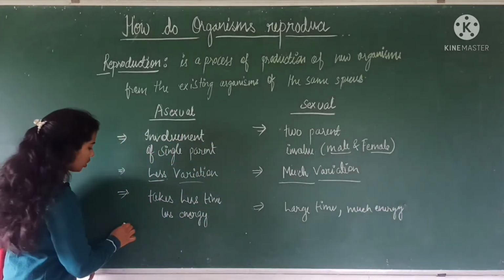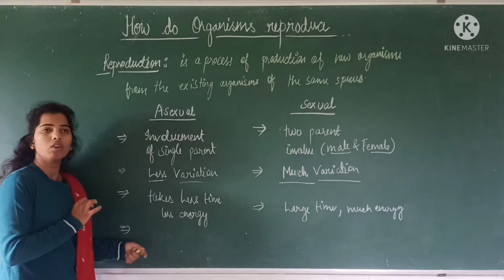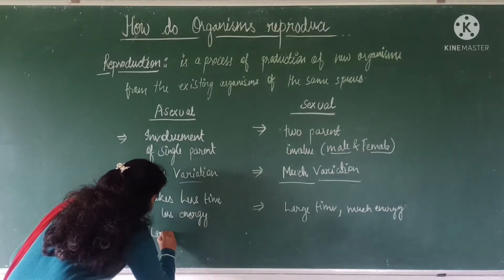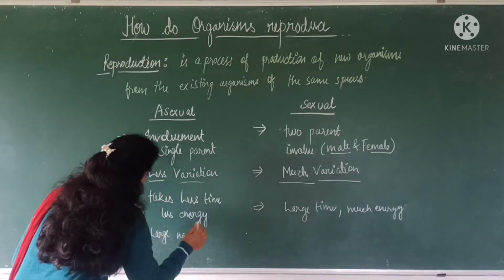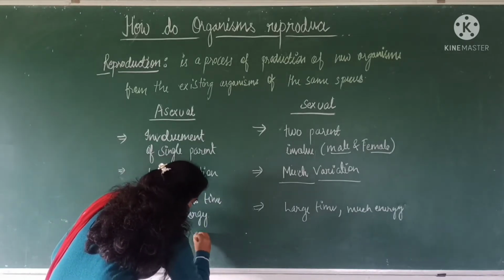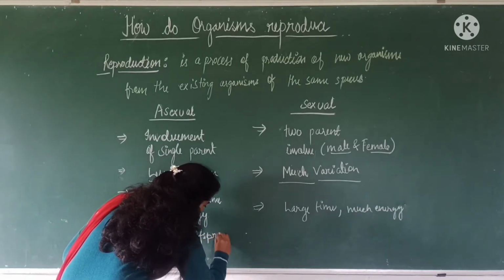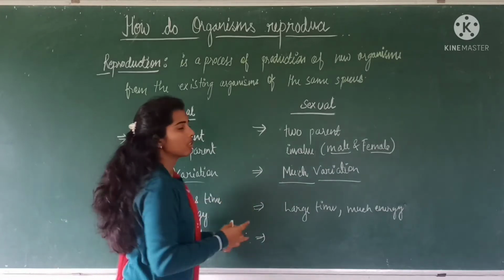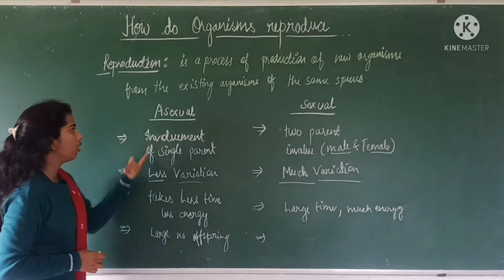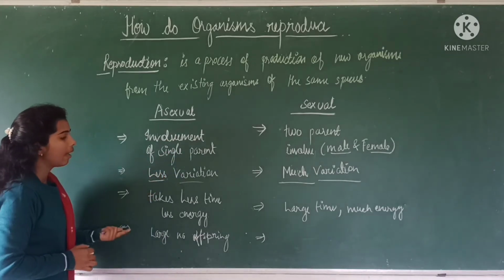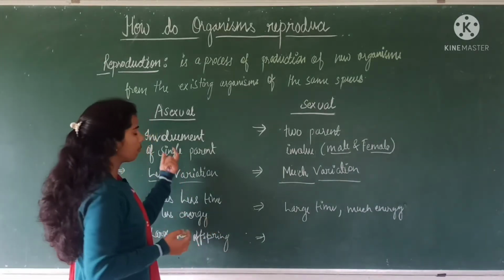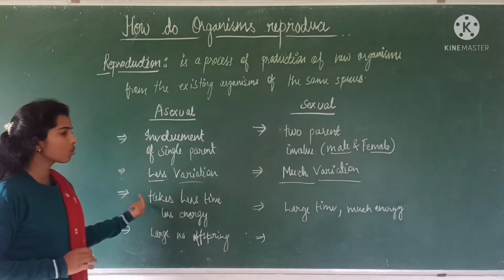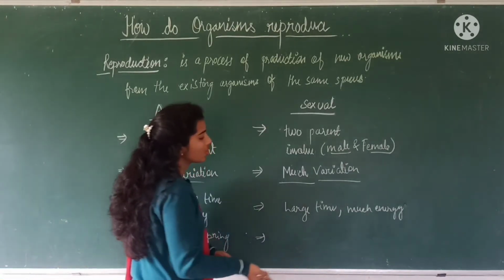By asexual reproduction, the new organisms produced are in large number, whereas in sexual reproduction a relatively smaller number of offspring are formed in comparison to asexual reproduction, because it takes large time and much energy.